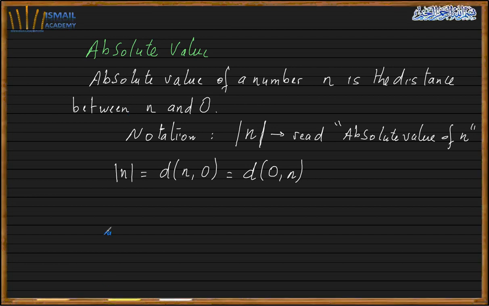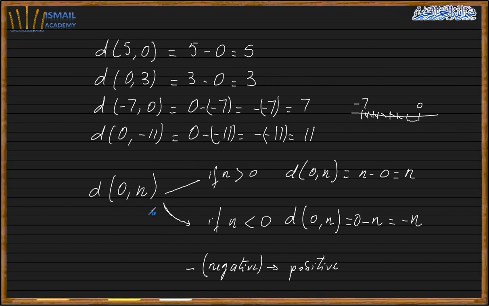It is equal to n if n is positive, and equal to minus n if n is negative, because we are going to use the distance formula for absolute value.